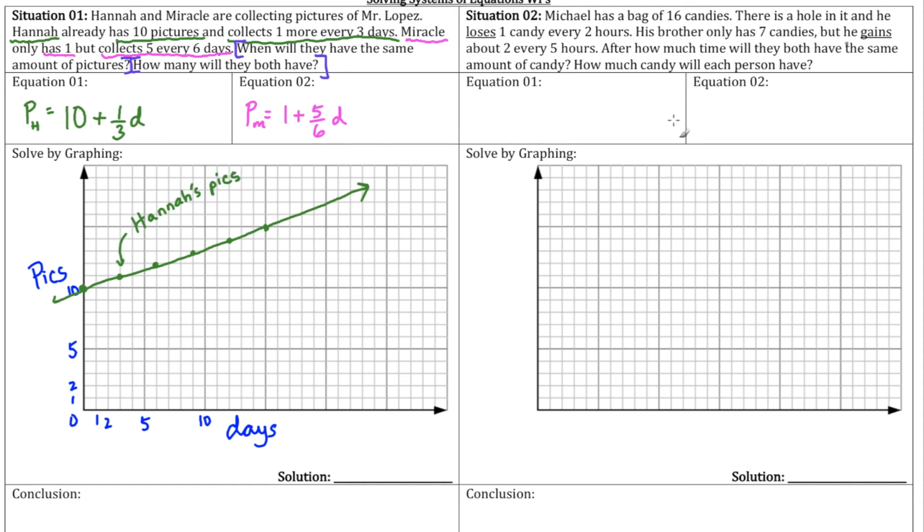And let's represent Miracle's pictures and days. So Miracle starts off with 1 picture, and her collection grows 5. 1, 2, 3, 4, 5 every 6 days. 1, 2, 3, 4, 5, 6.